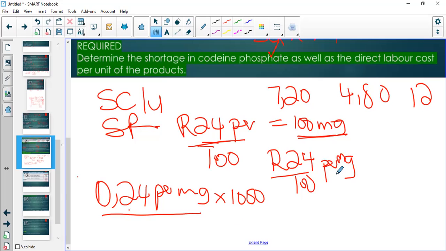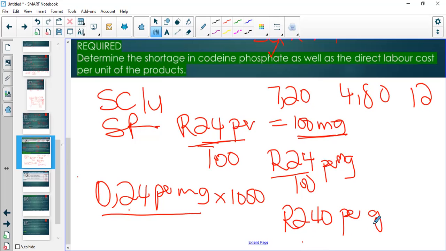So if I do that, I'm going to multiply 0.24 by 1000. So I have 240 rand per gram.